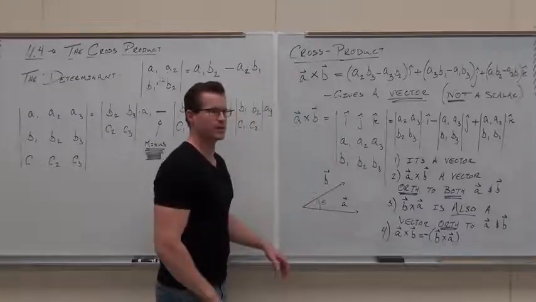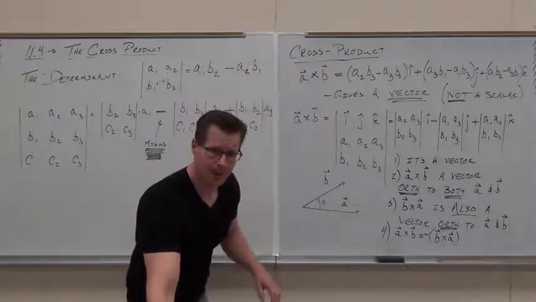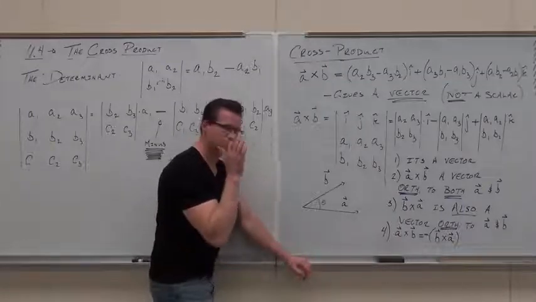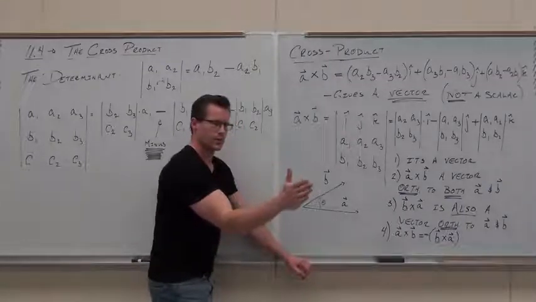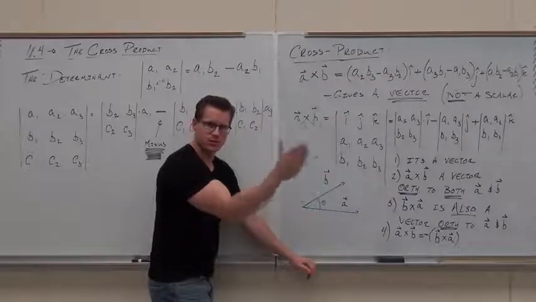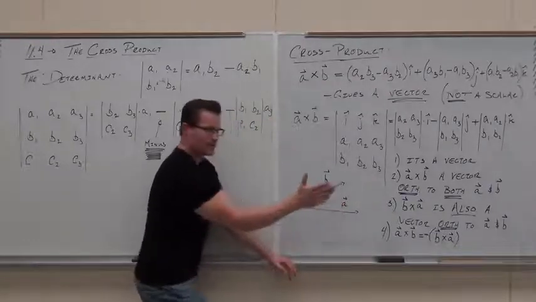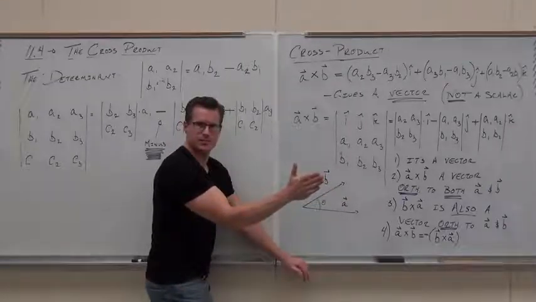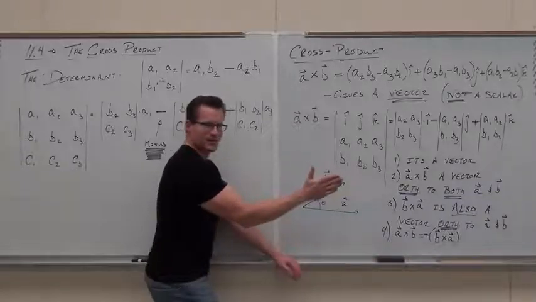I'm going to actually do it. If we are talking about A cross B, what that means is we're going to put our hand with the palm side towards the vector we're crossing. So put your hand like it's on A with your palm side open towards B. Does that make sense? Seriously, do it. You're looking at me like I'm an idiot right now. Seriously, try it. So it's like this.